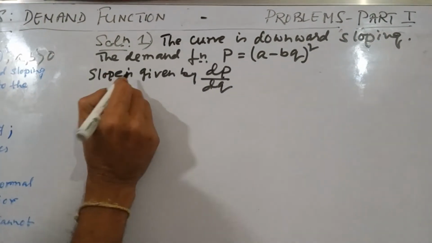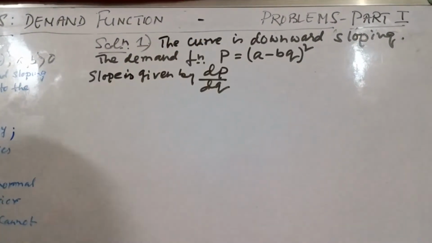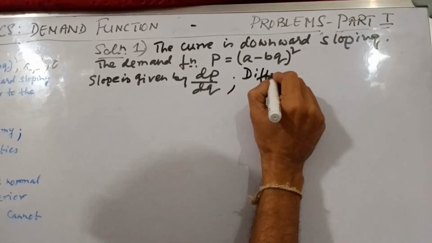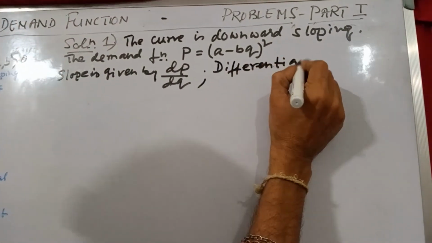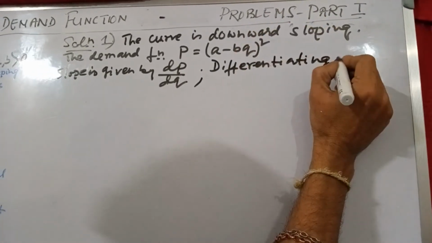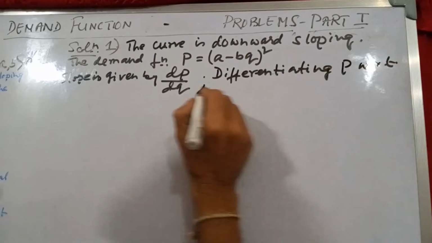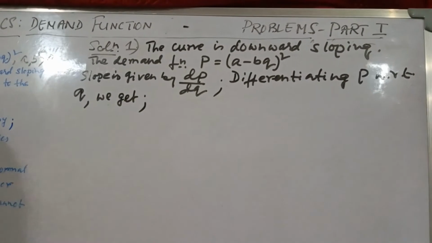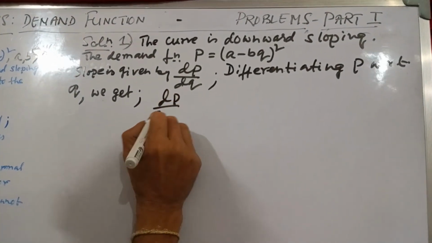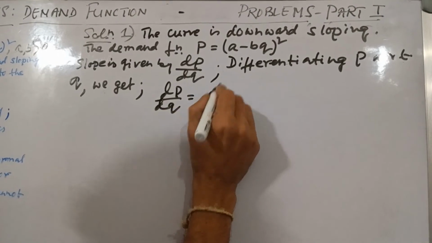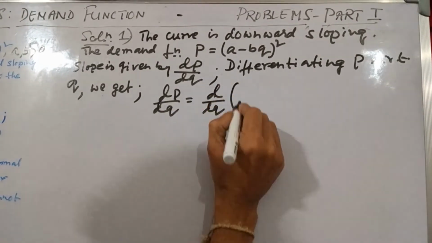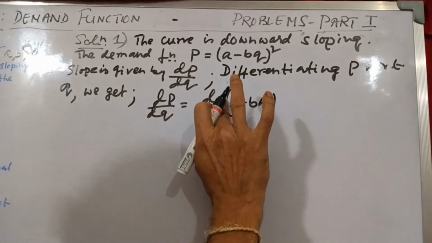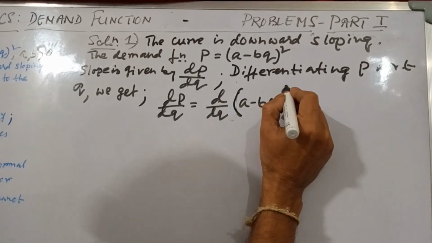So we have to differentiate P with respect to Q. Now differentiating, this is the first order derivative, differentiating P with respect to Q, we get dP/dQ equals d/dQ of (A minus BQ) whole square.